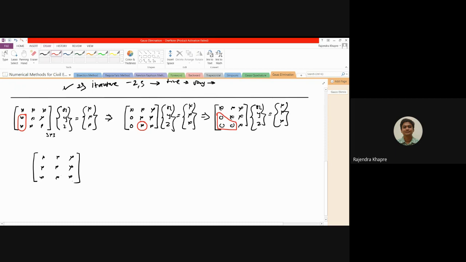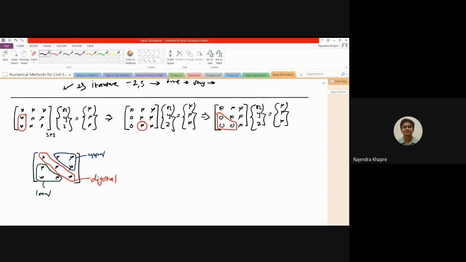This is called the diagonal of the matrix. This portion is the upper triangle of the matrix, and this is the lower triangle. And this part is called the diagonal.